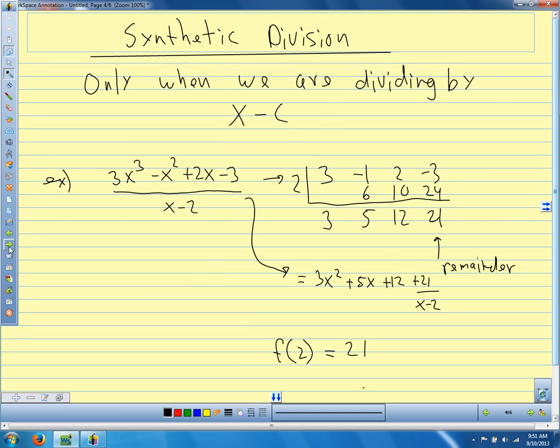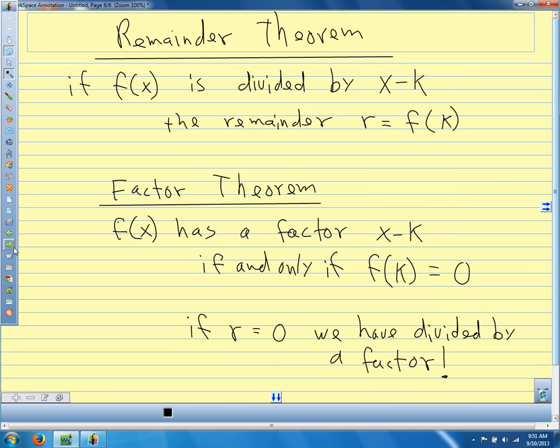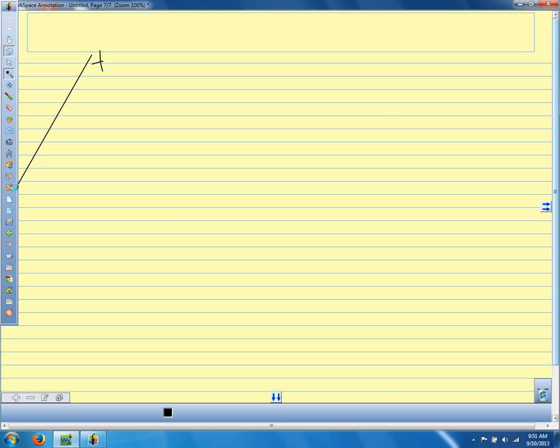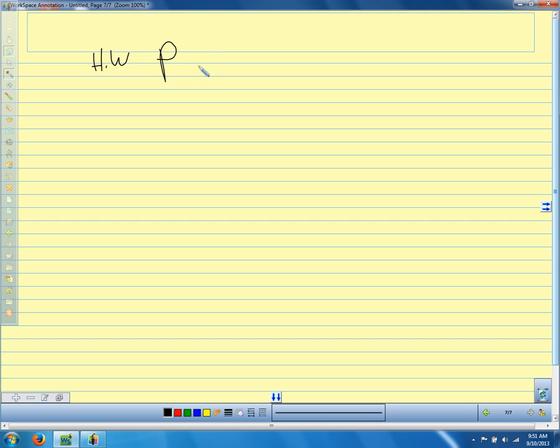All right. Homework. We're on page 125. I'm cutting, it's not what's on the board, I'm cutting that kind of in half.